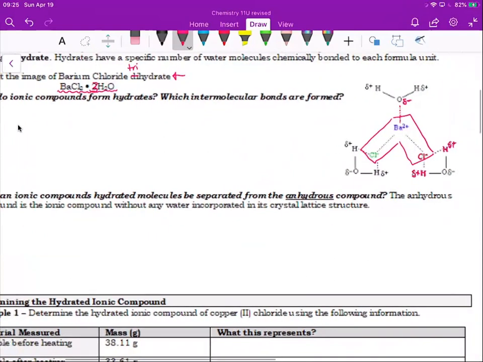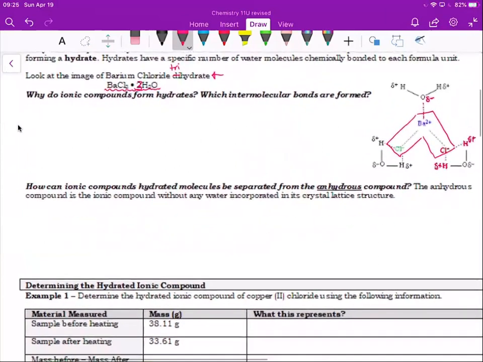So when I ask you, why do ionic compounds form hydrates? You can say that the electrostatic attraction that occurs between anion and cation has the same attractive force between ion and dipoles.